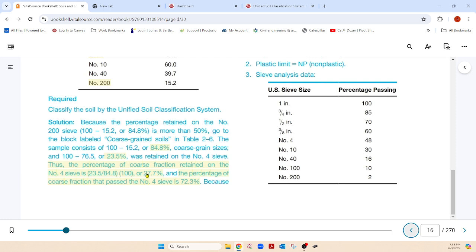Multiply that times 100 and you get 27.7%. And the percentage of coarse fraction that passed the number 4 sieve is 72.3. So you take those two and you will come up with 100.